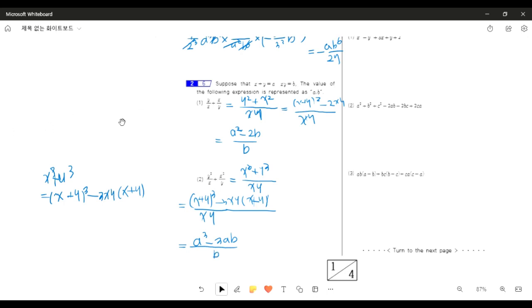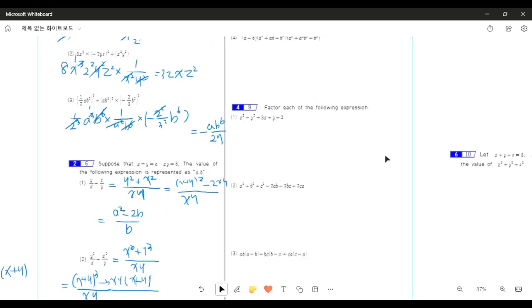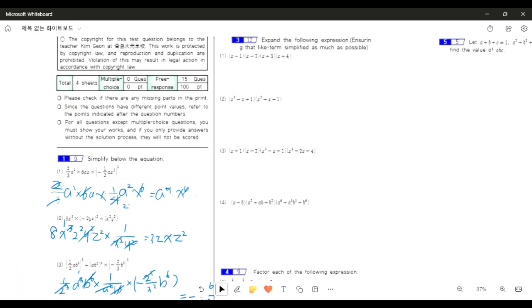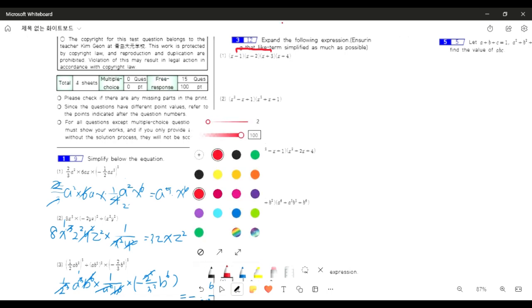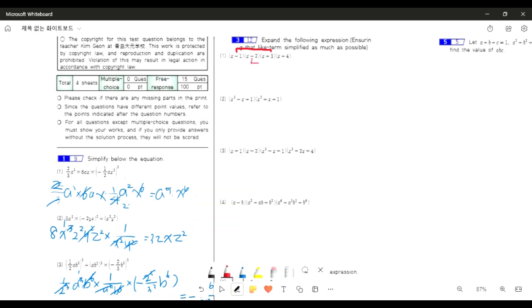Okay, next. So 3, the first section. Expanding the first and third, and second and first terms.